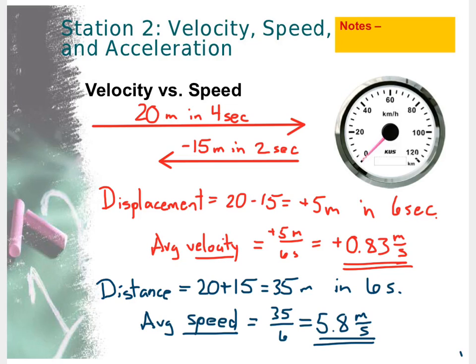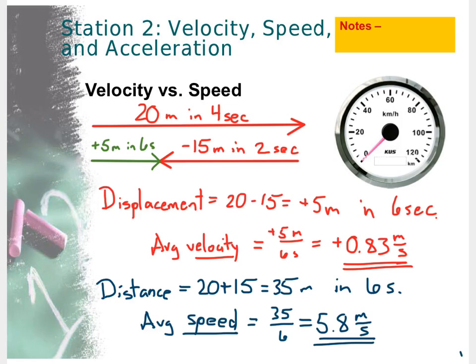Now, here's just a little something to wrap your mind around. If I had another student who just walked that plus 5 meters over 6 seconds and made it directly from the start to the end, what would their average velocity be?